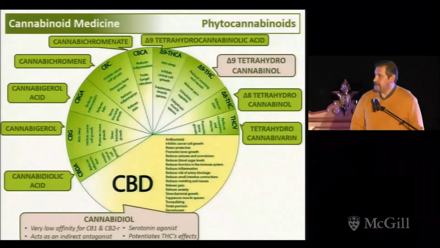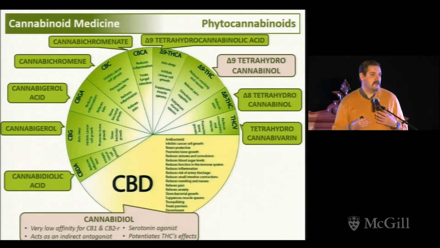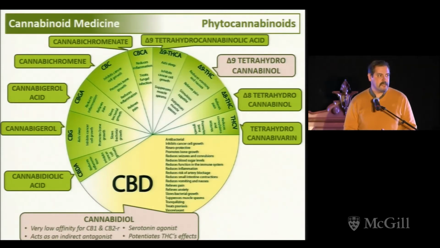The most common one that we all know very well is the delta-9 tetrahydrocannabinol, which we all call THC. This is the phytocannabinoid with the strongest effect on our brain in terms of producing eventually hallucinations, calmness, sedation, and pleasantness.